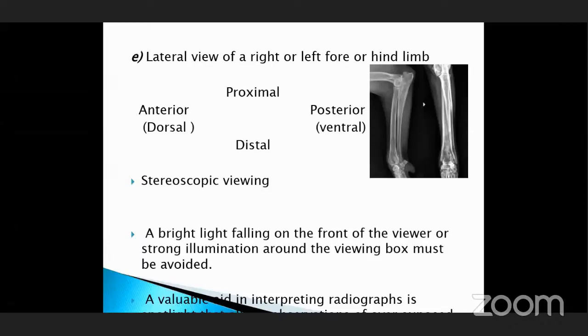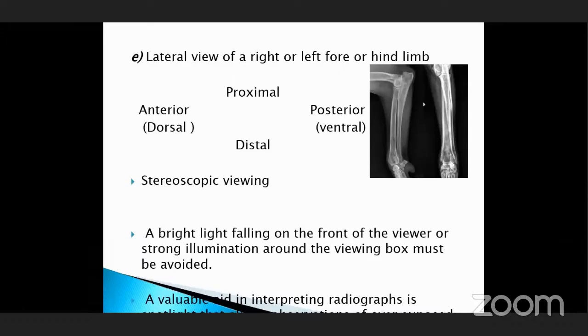You can change this position, but whatever radiographic position you take, you should always interpret the radiograph in that very position so that you can have the normal anatomy of the patient or the area to be radiographed in your mind so that you can diagnose a lesion whichever is seen on the radiograph.